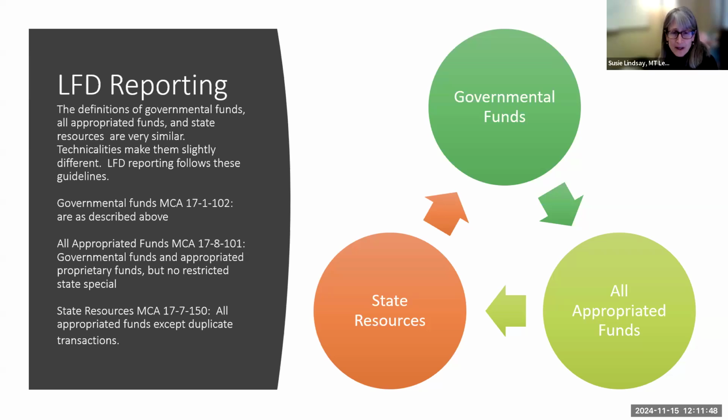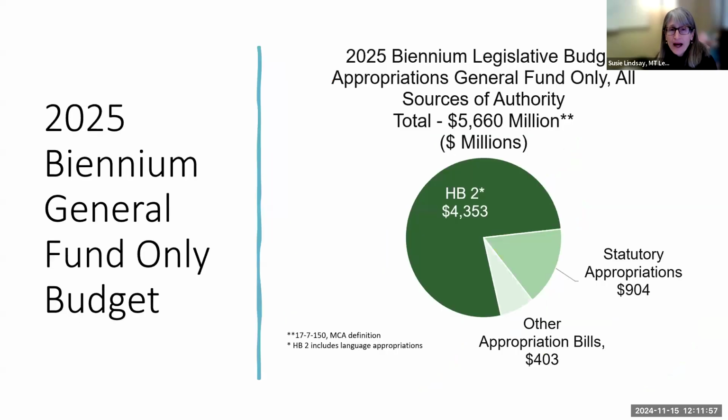Again, as Quinn mentioned, we often report on general fund, and in the next slide, we can see a view of the 2025 biennium general fund budget in its total. This is the budget that runs through June 30th, 2025.